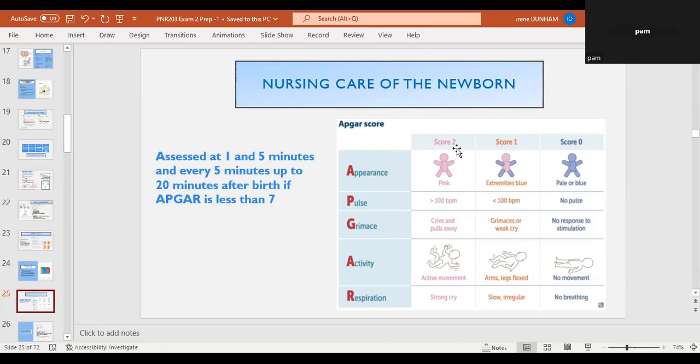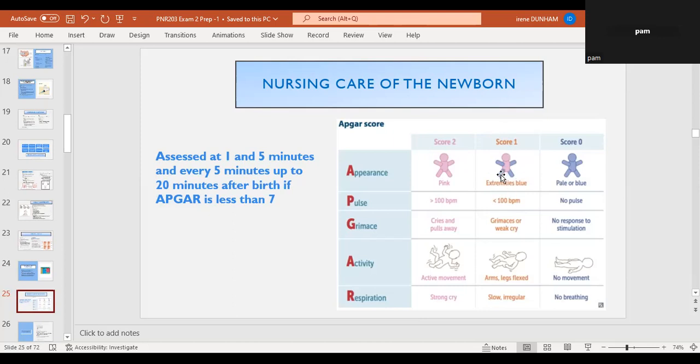So we have a score of 2 if this baby is nice and pink. But look at the little drawing here. The baby's hands and feet are all pink. Okay. Then a lot of times you don't have this, because this is more what we see. We see what we call a baby born with acrocyanosis.